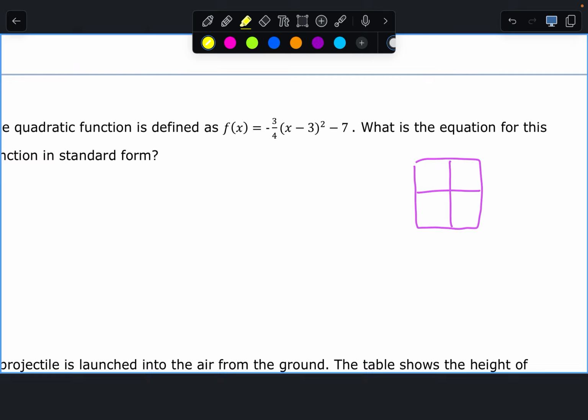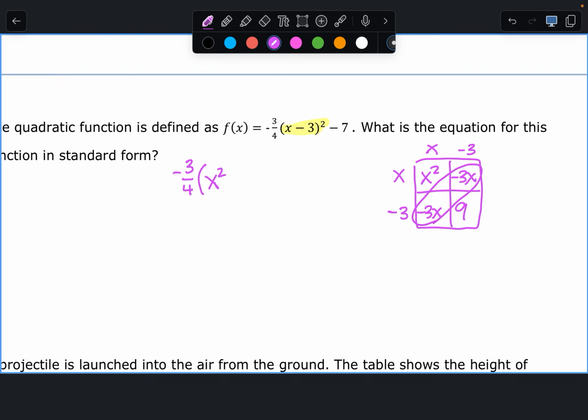The first part, when you're going from vertex to standard form, is to do the box method, x minus 3. Now, because you do have a fraction in the front, you keep whatever you get from the box method in parentheses.